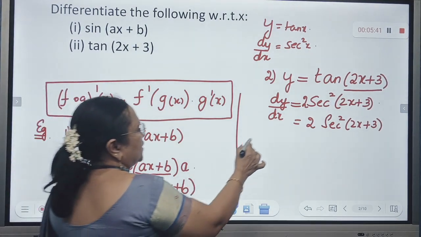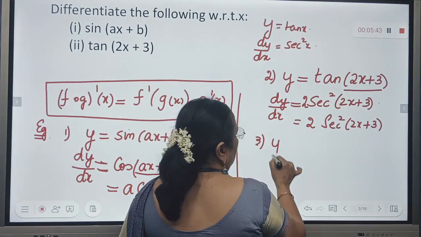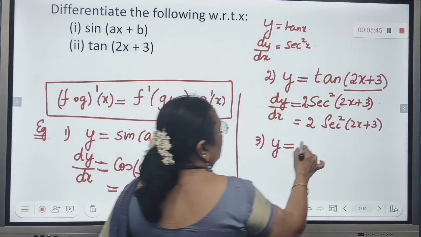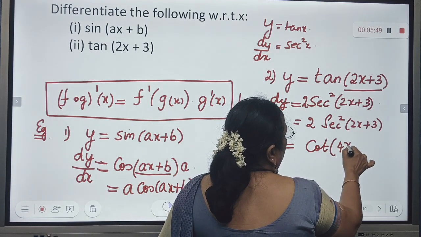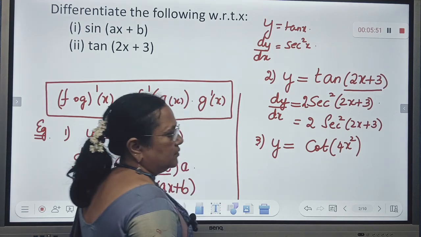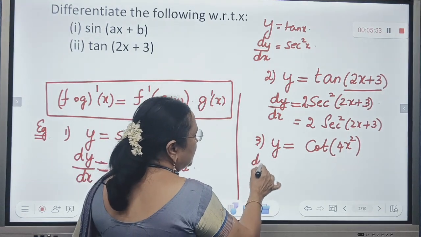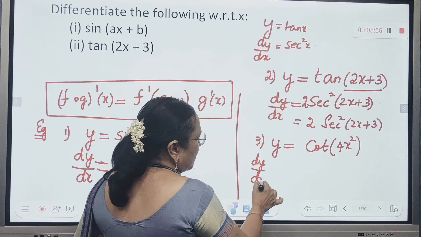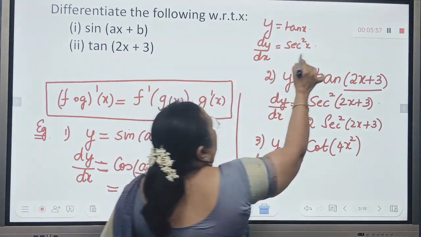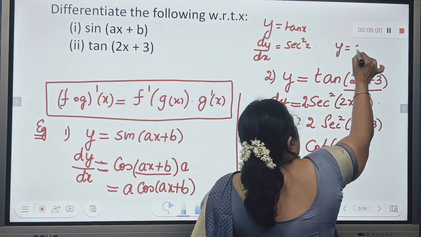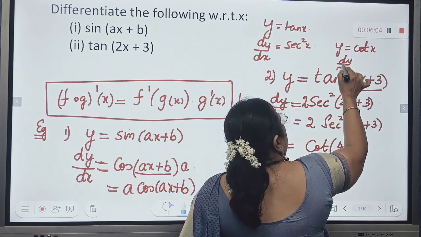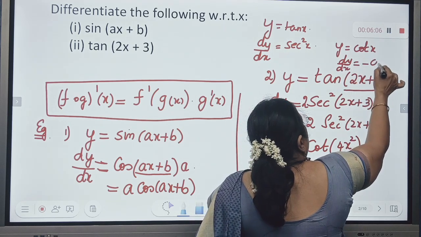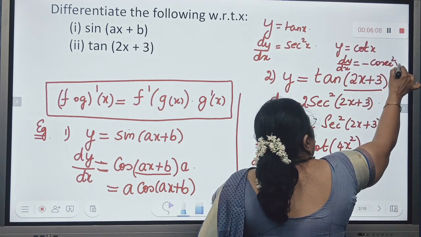For example, if you have y equal to cot of 4x square, then what will be dy by dx? If y equals cot x, we know dy by dx is minus cosecant square x.